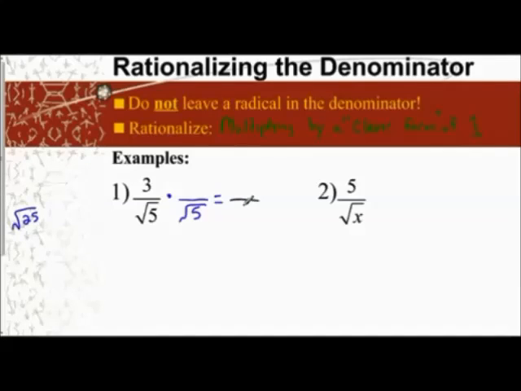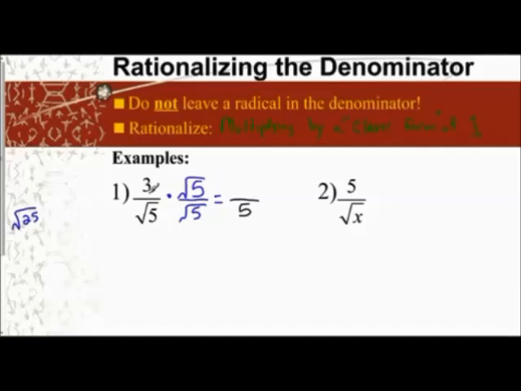And so if I multiply the bottom by itself, by the radical that's in the bottom, it's just going to cancel out the radical, and I'm just going to be left with what's inside. But now I just changed the value because I just multiplied the bottom. But if I multiply the top by the same exact value, the square root of 5, I'm not changing the value. And the reason why is because any number divided by itself, doesn't matter if it's radicals, doesn't matter if it's irrational numbers, any number divided by itself will always be the number 1.